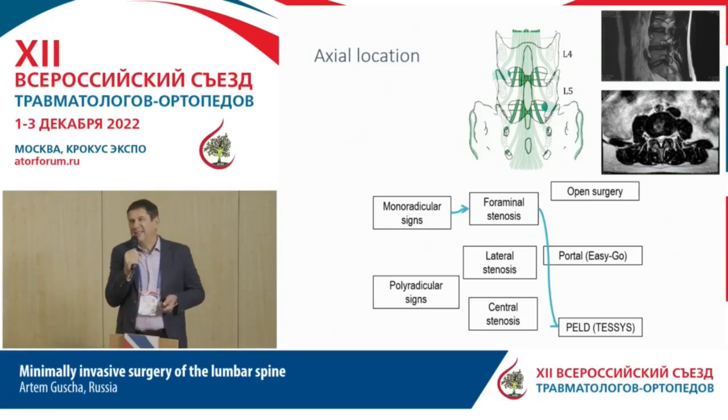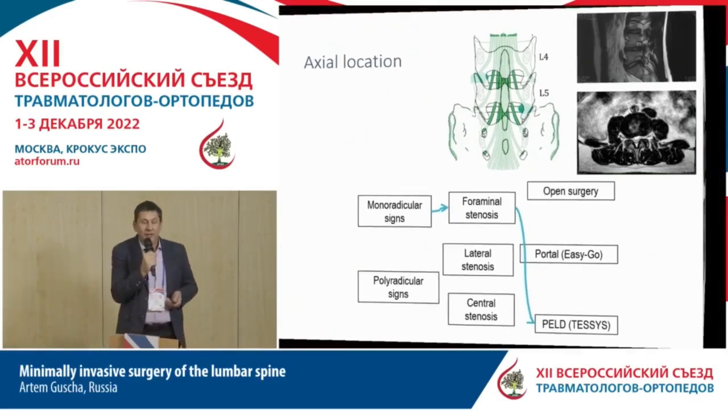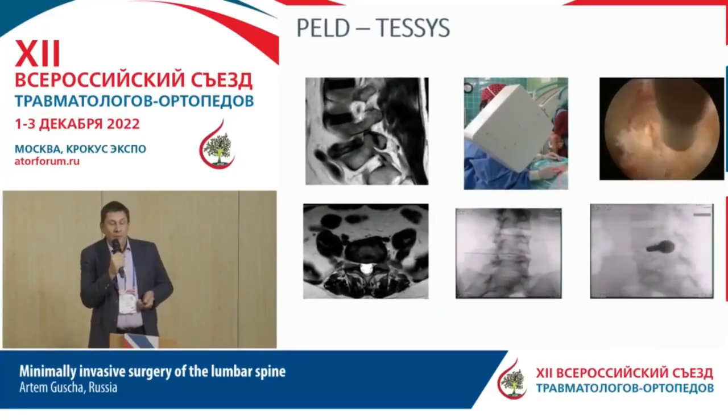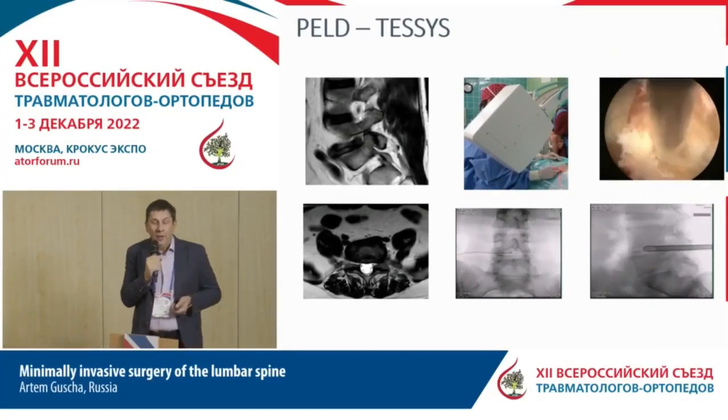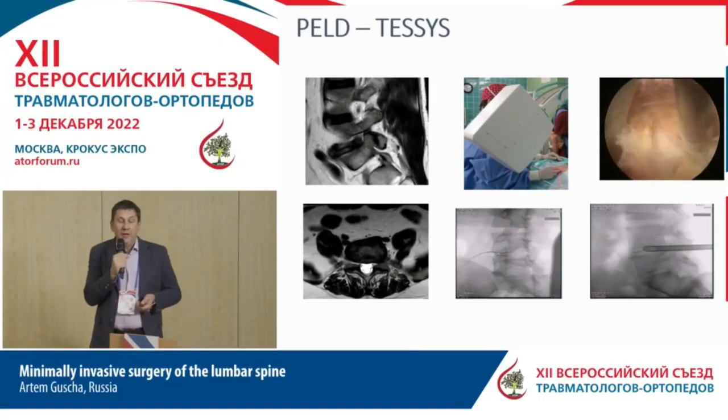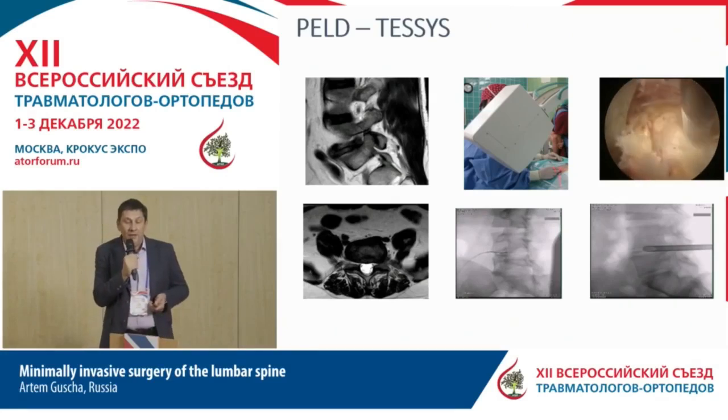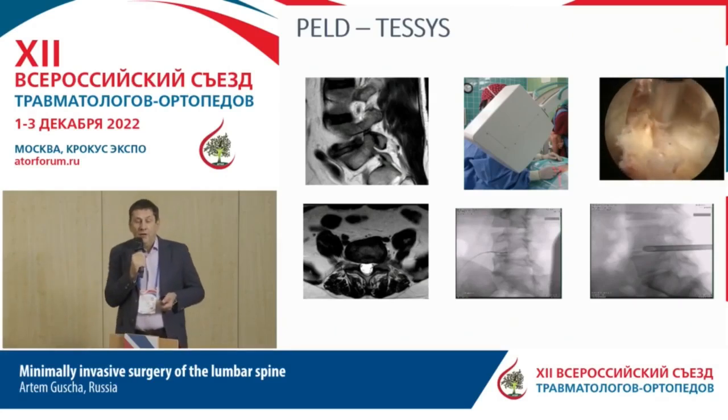It could be TESSYS, as Joimax suggests, but it also can be a posterolateral procedure, which just needs to be carried out with navigation, positioning the cannula in the right way.